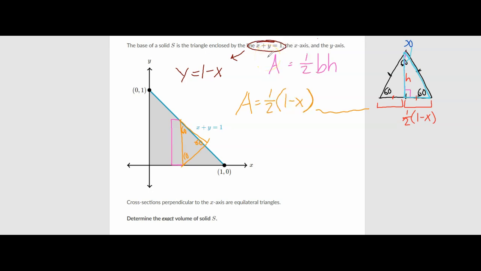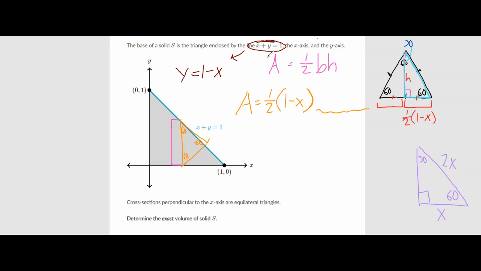Well, I know that in a 30, 60, 90 triangle, let me just sketch another one over here. If I know what the shortest side is, well, the hypotenuse is going to be 2 times that length.